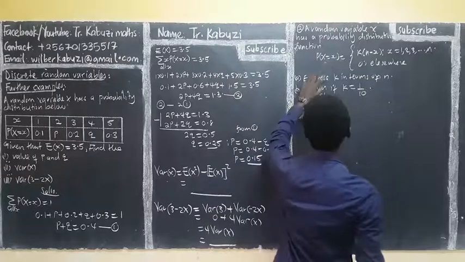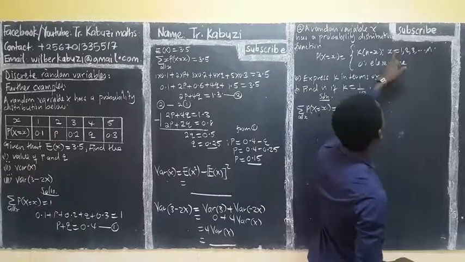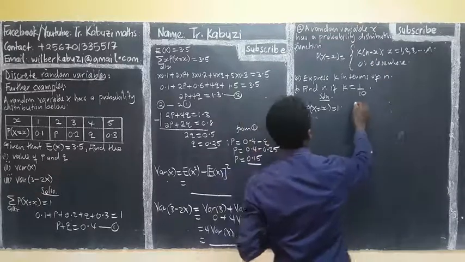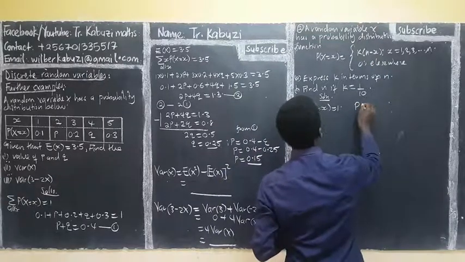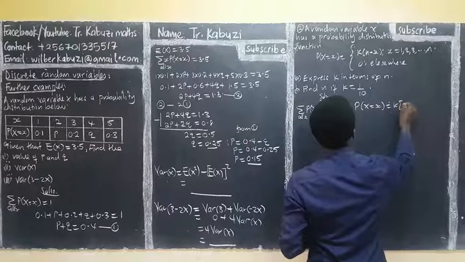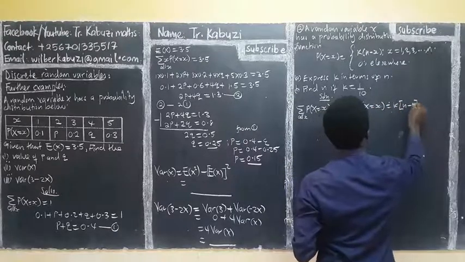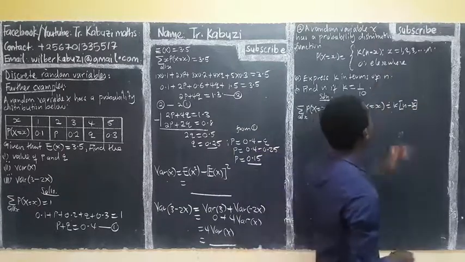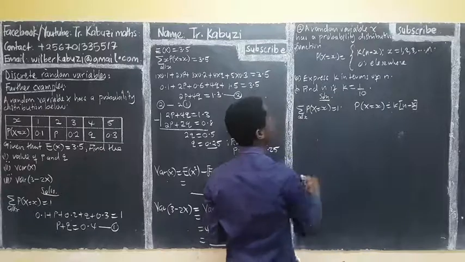So when I substitute, k is common first of all. So our P of X equal to x is equal to k into (n minus x). So when I put x is 1, I'm going to generate a series.